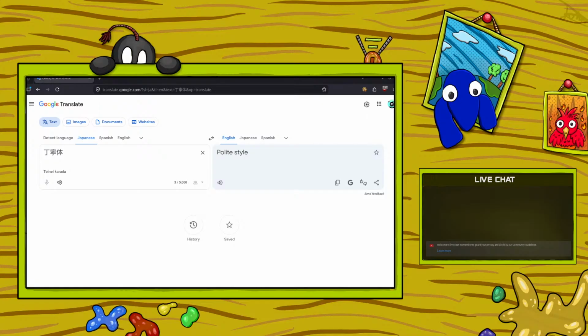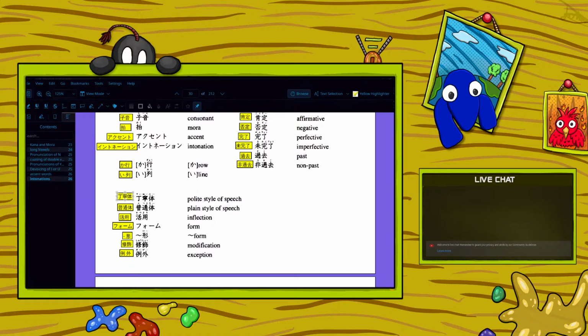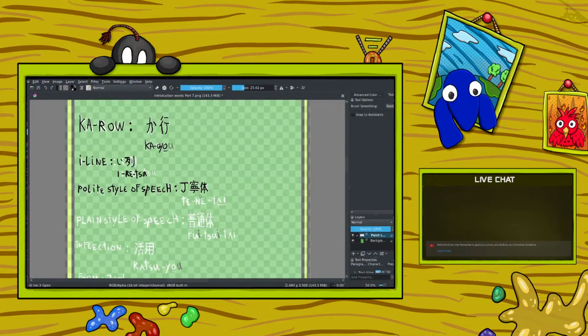Let's see, so it's 1-1 and then oh no. It's that bit. Oh no, I did that bit correctly. So it is te ne tai. Polite style of speech. And then we have the plain style of speech.